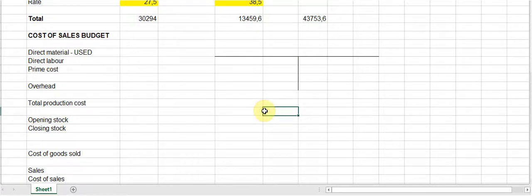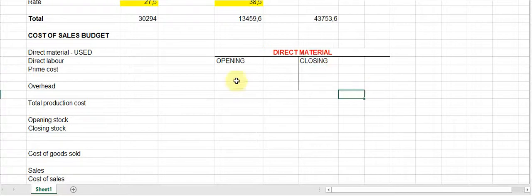Students always do it. So it's direct material. And what does this direct material account normally look like? Well, we start with an opening stock. On this side, we have a closing stock. Then we have purchases. And then we have here an issued to work in progress.